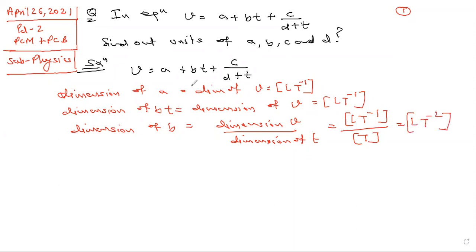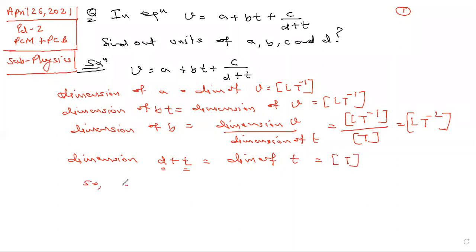Got it? Now here you can see dimension of D plus T. This is D, this is T. So dimension of D plus T must be equal to dimension of T. Am I clear?